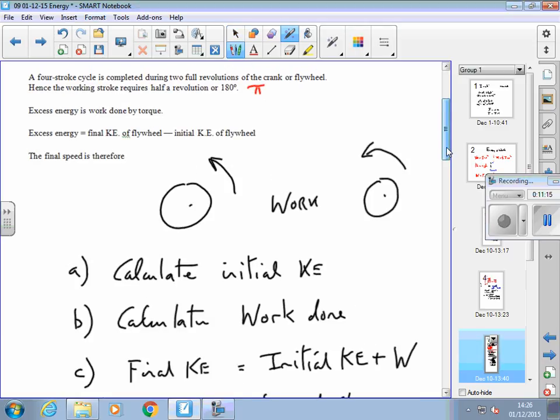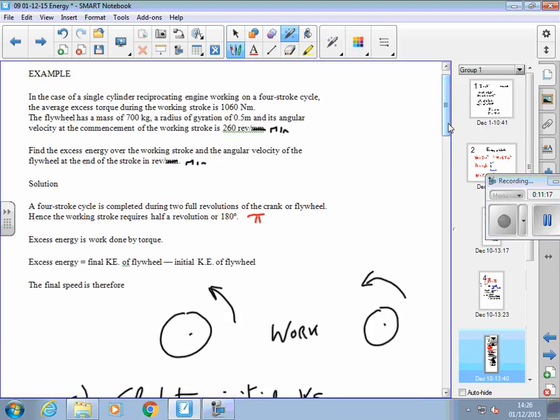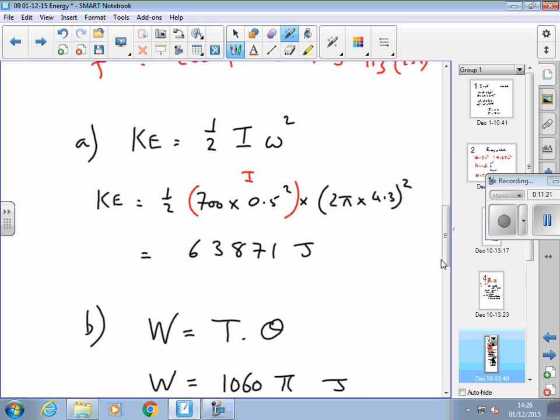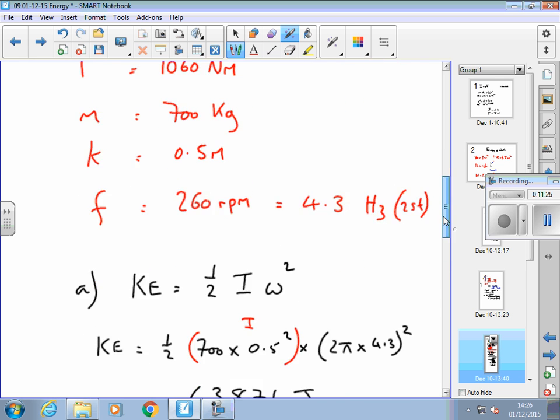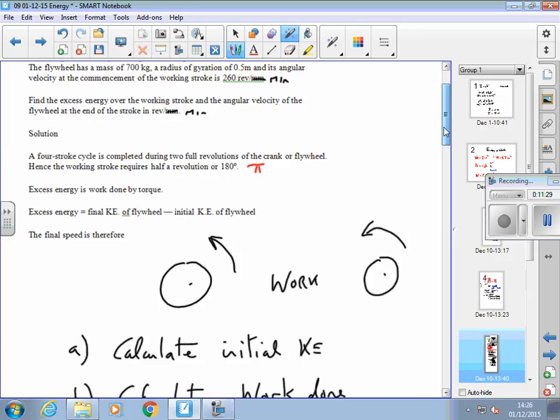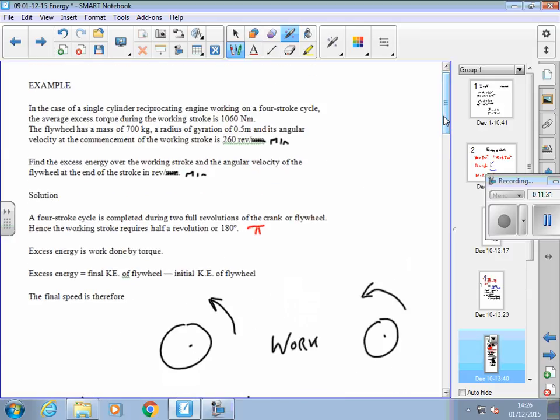Okay, so let's just have a look back at this again. Now, the difficulty is not in putting the numbers into the equations. That's the easy bit. The difficult bit is sussing out which equations we need to use from the information given. And this is a bit of an awkward example because of this. You need to understand that the working cycle is only 1/2 of 1 revolution.